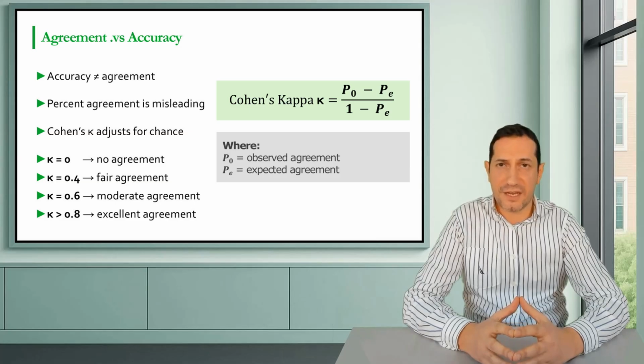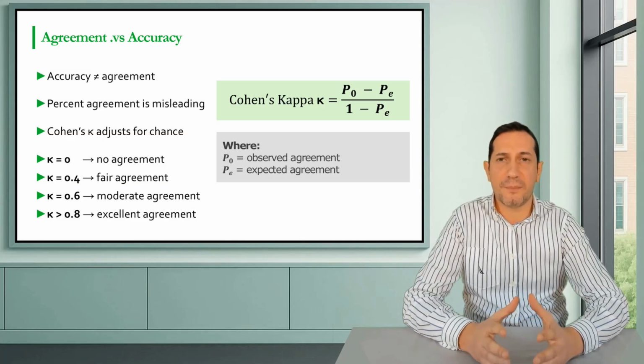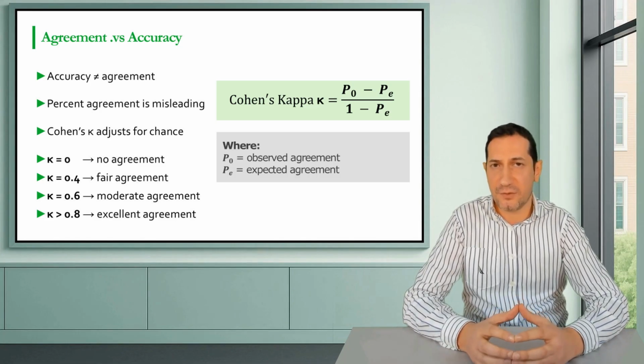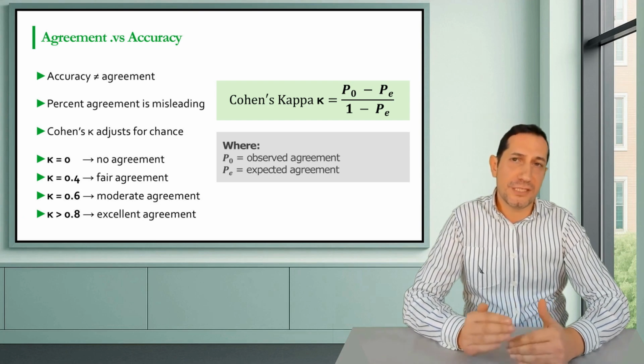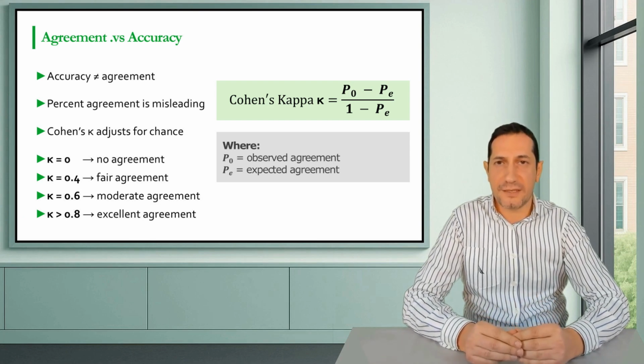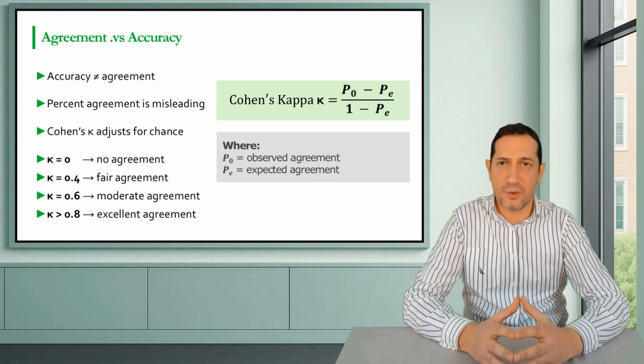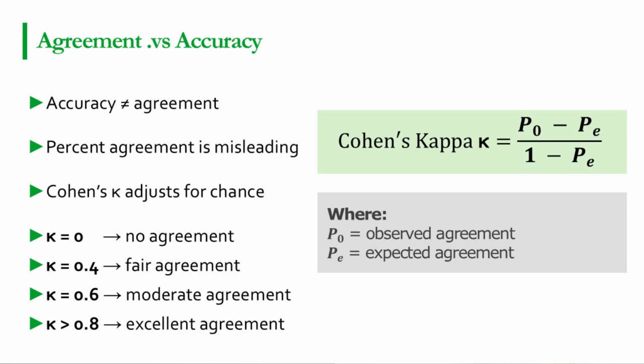Agreement and accuracy are related but fundamentally different concepts in diagnostic evaluation. Accuracy refers to correctness relative to the true disease status, whereas agreement describes consistency between tests or observers. High percent agreement can be misleading, particularly in low prevalence settings where most observations fall into the same category by chance alone.